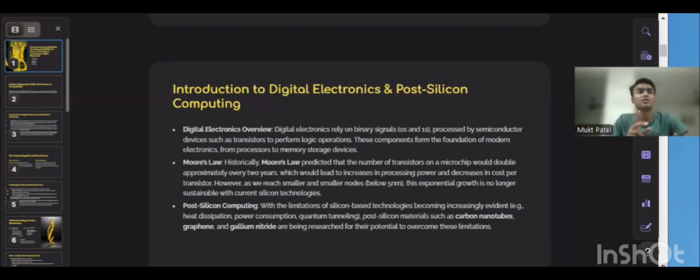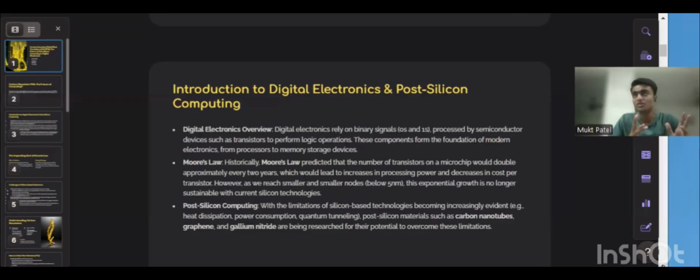Processed by semiconductor devices such as transistors to perform logical operations, these components form the foundation of modern electronics, from processors to memory storage devices, and these components are very useful.